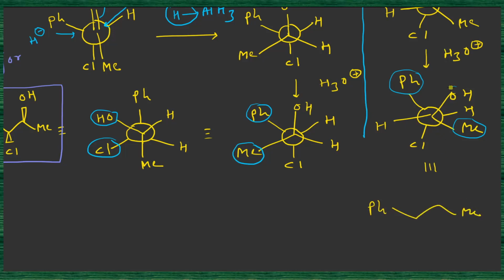So here this OH group is below the plane and the chlorine group is above the plane. So this will be our minor diastereomer.